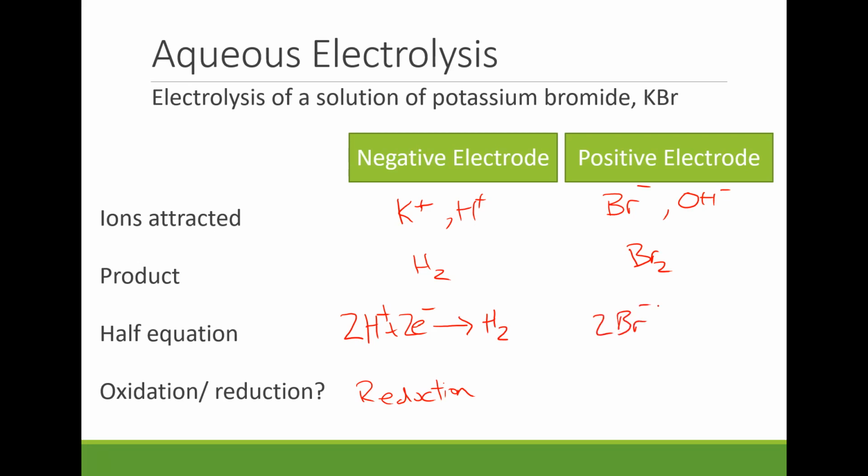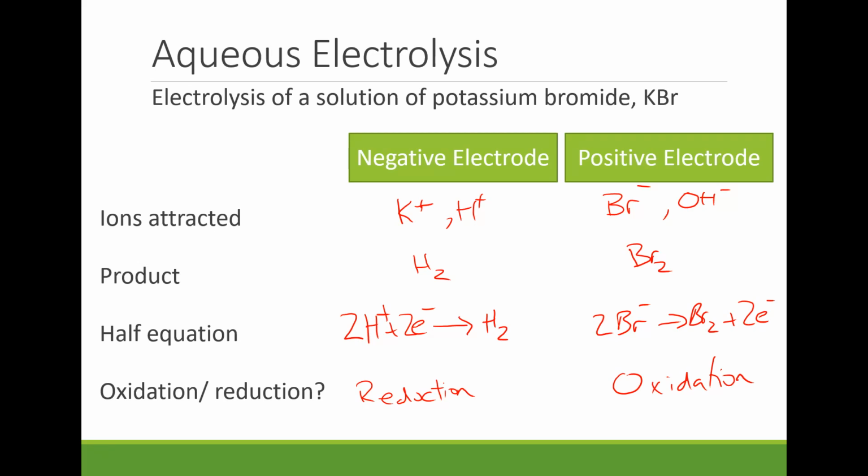We're going to need 2 bromides because we've got 2 atoms of bromine in the molecule, and each of those bromides is going to give up 2 electrons. There we go, half equation there. Of course, that is oxidation.